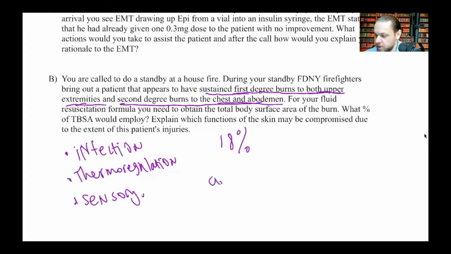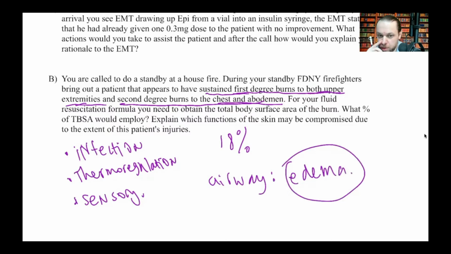The other thing you're always worried about is airway, right? If they inhale superheated gases, you may have edema formation in the airway. This is not per se skin, but we just learned this stuff. Anytime you're dealing with a house fire, you always got to be cognizant of carbon monoxide and cyanide exposure.